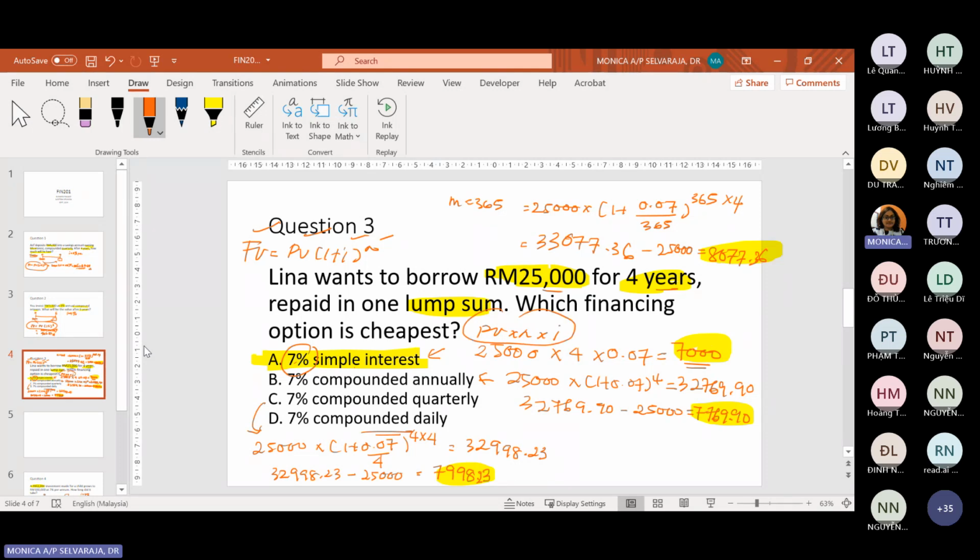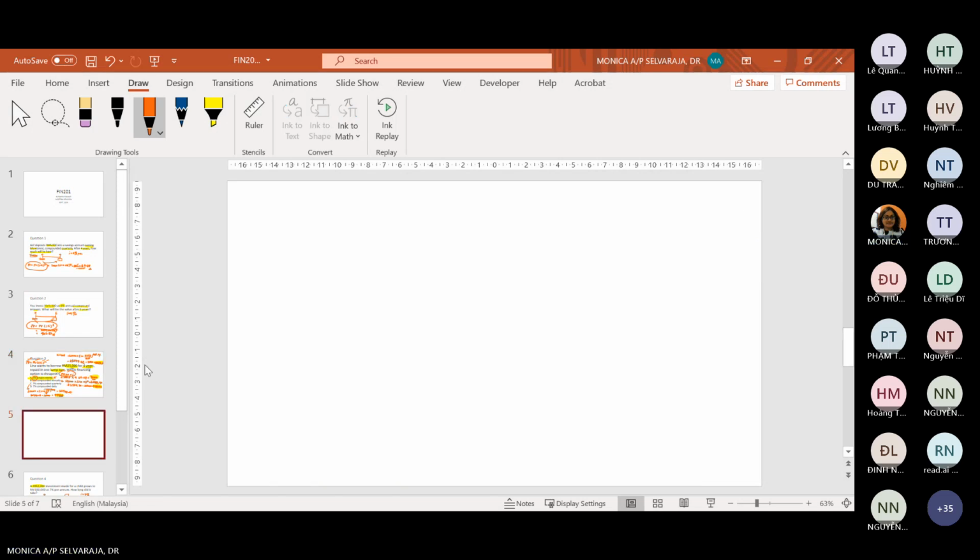Okay, A is simple interest: PV multiply N multiply I. That's the formula.